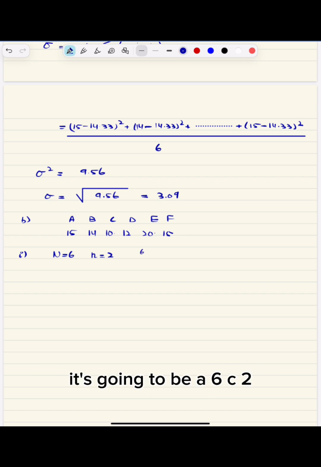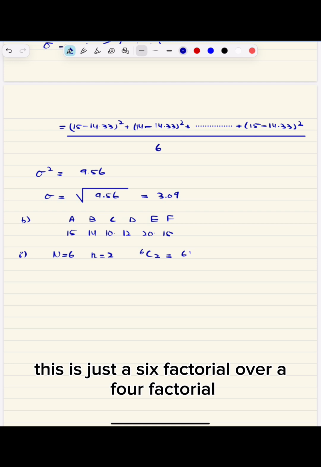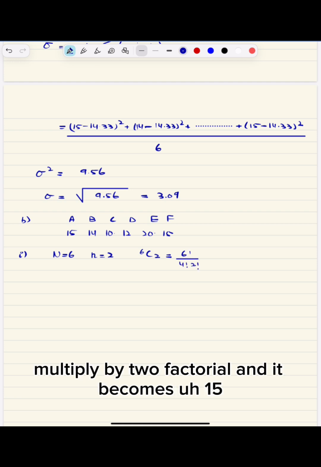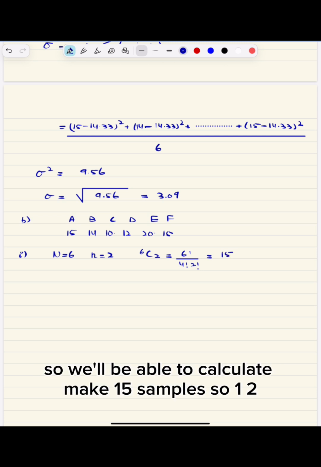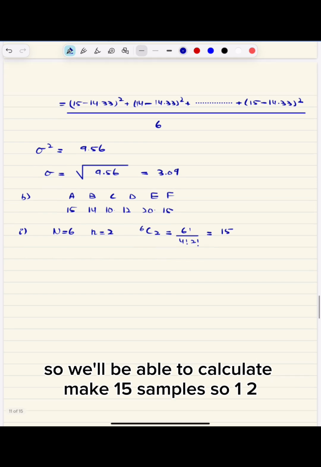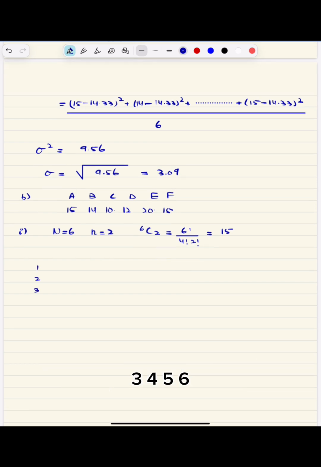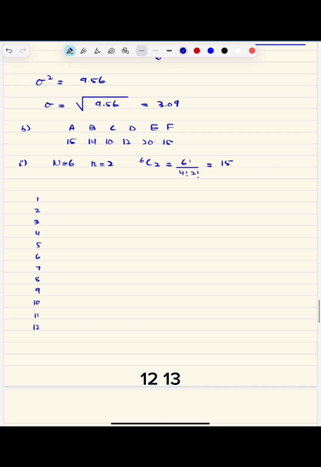It's going to be 6C2, and this is just 6 factorial over 4 factorial multiplied by 2 factorial, and it becomes 15. So we'll be able to make 15 samples. So 1, 2, 3, 4, 5, 6, 7, 8, 9, 10, 11, 12, 13, 14, 15.